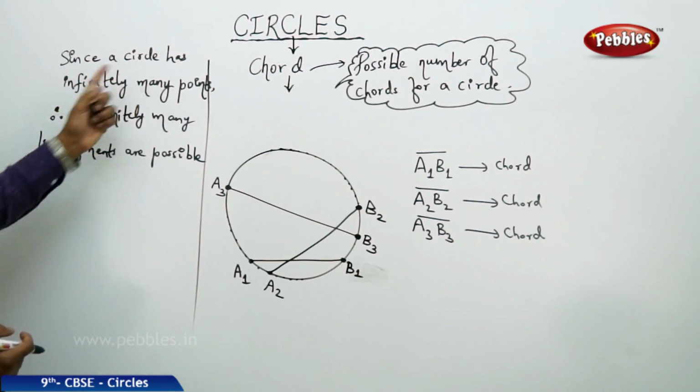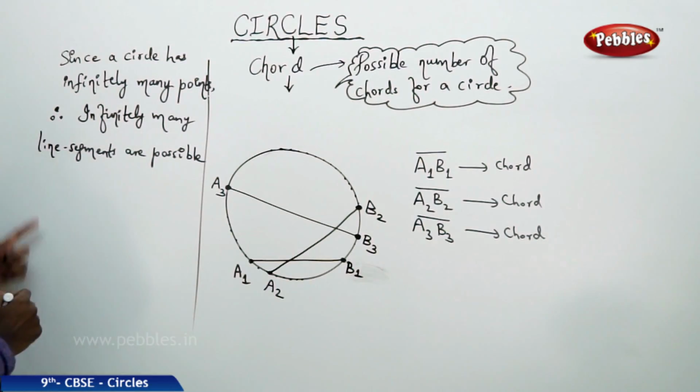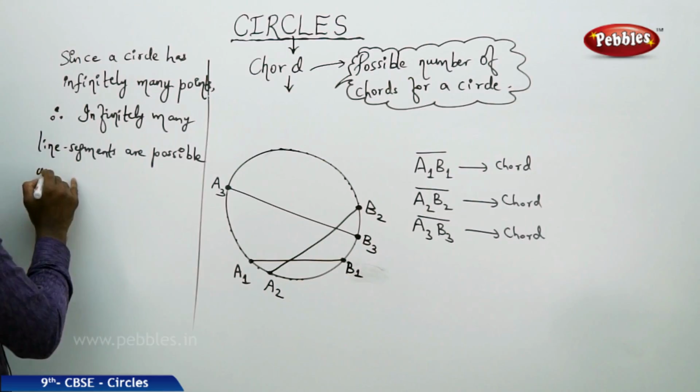Therefore, since a circle has infinitely many points, infinitely many line segments are possible in the circle.